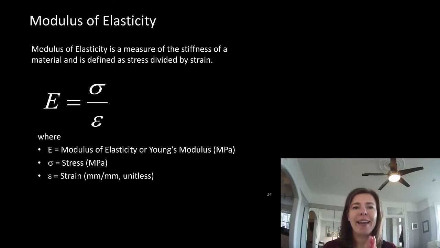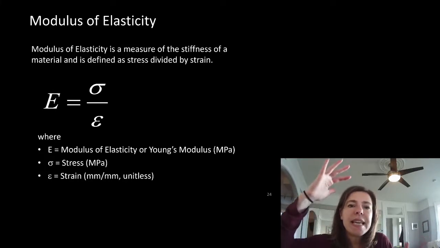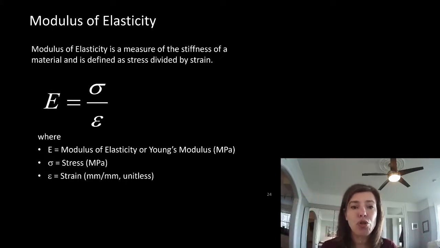Here's where it gets cool. There is a direct relationship between stress and strain that is very helpful for us, especially when material is in its kind of normal easy zone. And we're going to draw this and talk about what it means.